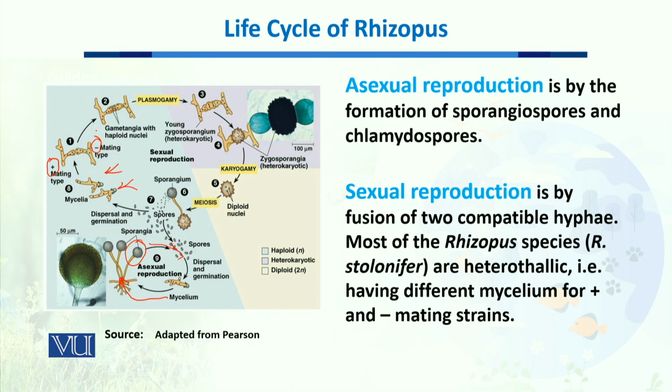Now these two hyphae come close to each other, and they make a structure which is known as gametangia. These gametangia carry haploid nuclei from both mating hyphae.